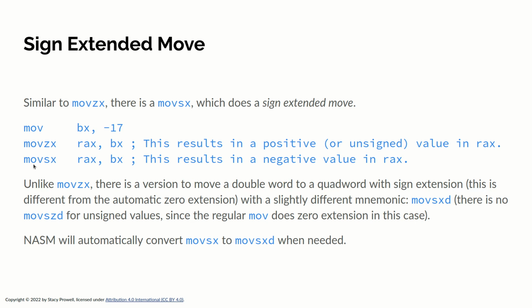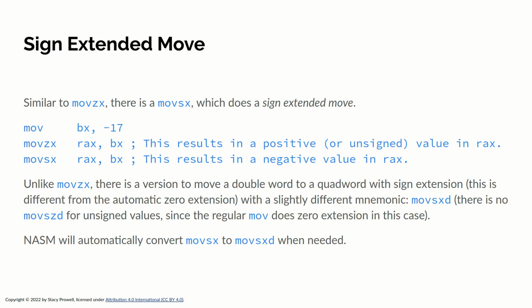If I do a sign extended move, I get a negative two's complement value in here with a bunch of ones in the high bits. And there you go. Now, this seems like this is going to be just perfectly symmetric. These two seem to be very much the same thing. But, of course they're not.